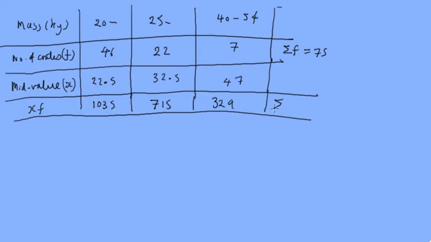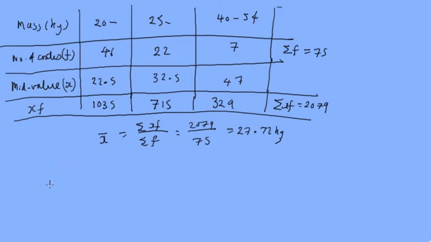And now we need to find the sum of xf, which is 2079. So the estimate of the mean will be the sum of xf over the sum of f, which is 2079 over 75, which is 27.72 kilograms.